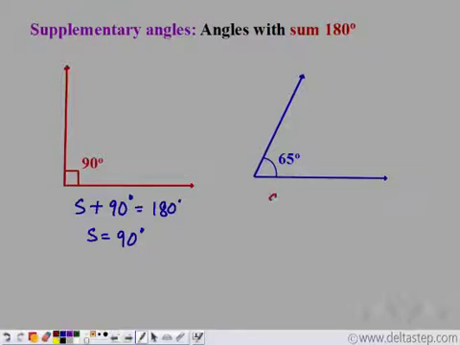Supplement of the 65 degree angle will be an angle which, when added to 65 degrees, gives us 180 degrees. So, S is equal to 180 minus 65. 180 minus 65 is 115 degrees. So, the value of the supplement of the 65 degree angle is 115 degrees. So, we can find the supplement of an angle by subtracting it from 180 degrees.